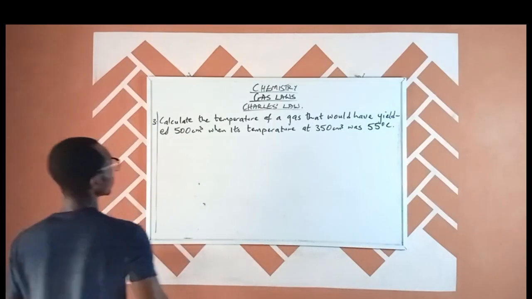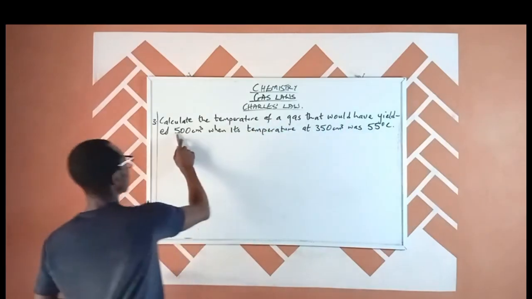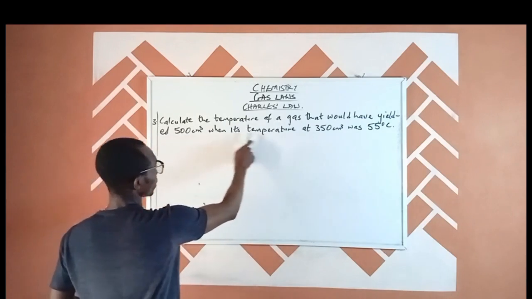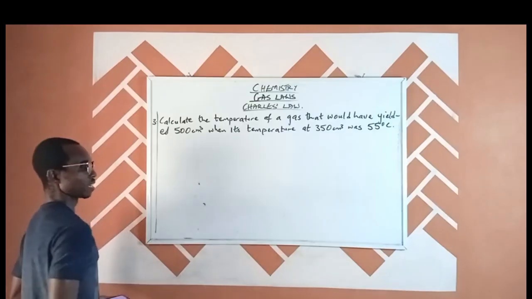So we are told to calculate the temperature of a gas that would have yielded 500 centimeter cube when its temperature at 350 centimeter cube was 55 degrees Celsius.